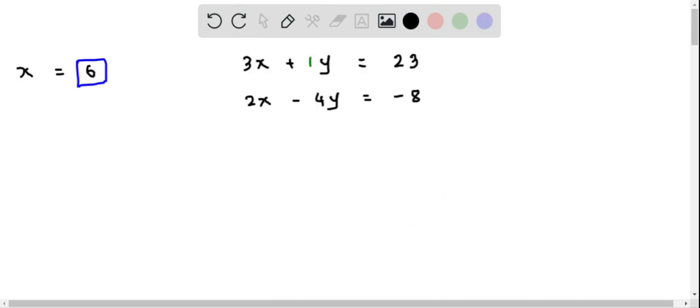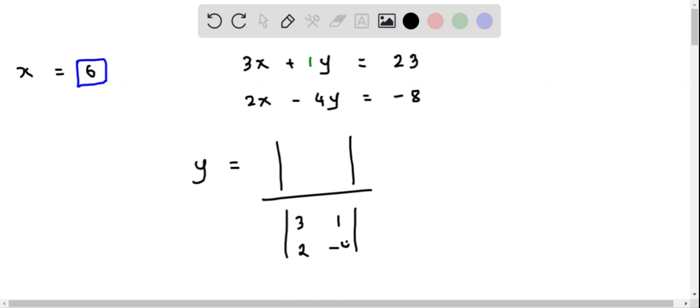We now solve for y like we did for x. So we are going to write y as a fraction of two determinants, that is the top one divided by the bottom one. Let's first put the bottom one using these coefficients, that is x and y. So I put 3, 2, and then 1, negative 4.